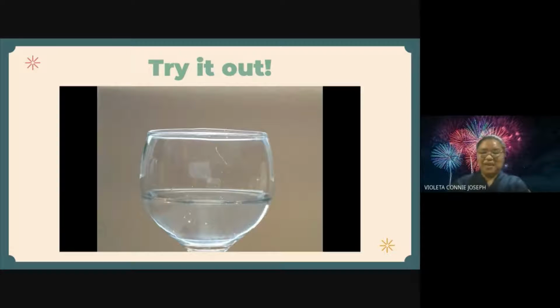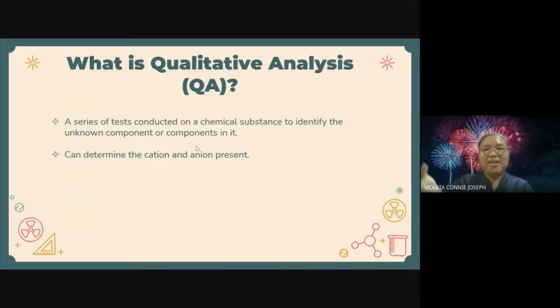To know what ion it is, we try and do a qualitative analysis. So what is it actually? Qualitative analysis is a series of tests conducted on a chemical substance to identify the unknown component or components in it.